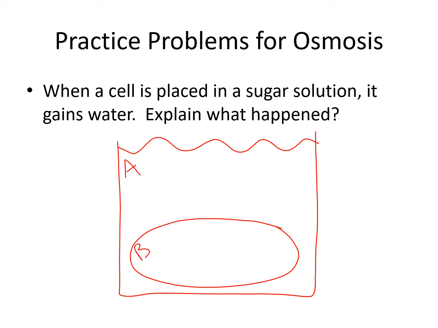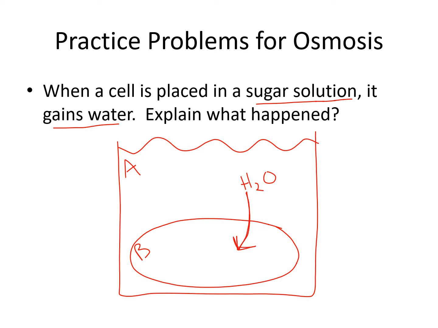And the information you have is that when the cell is placed in the sugar solution, so solution A has some amount of sugar in it, the cell gains water. So what you know about this is that water is moving into the cell. So you have osmosis occurring, water is crossing the membrane, and it's moving into the cell.